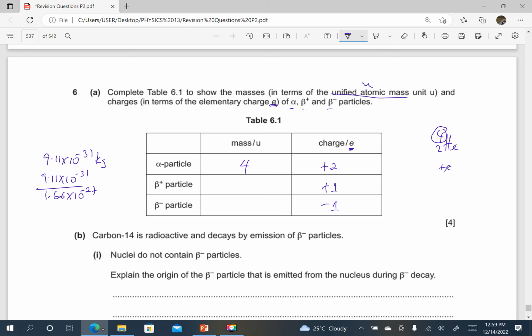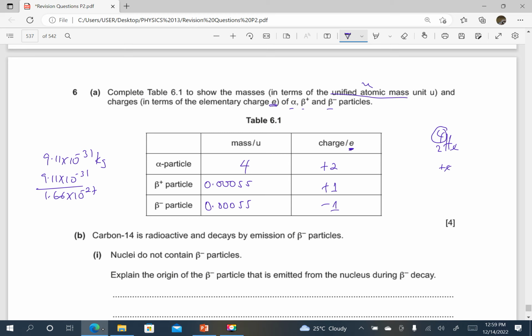So this is 5.5 times 10 power negative 4, or we can write 0.00055 u. So that is the mass.